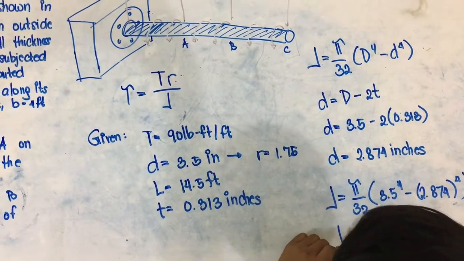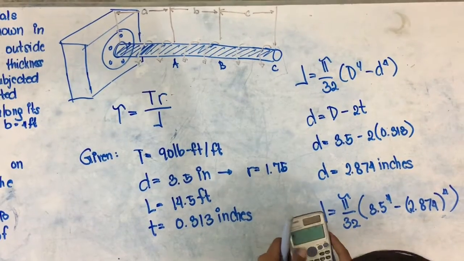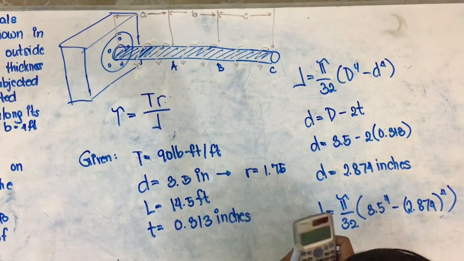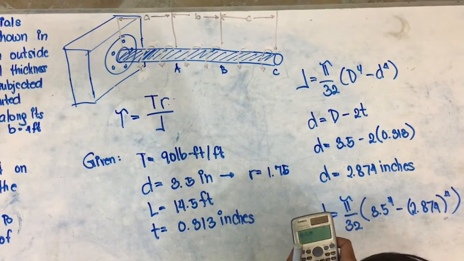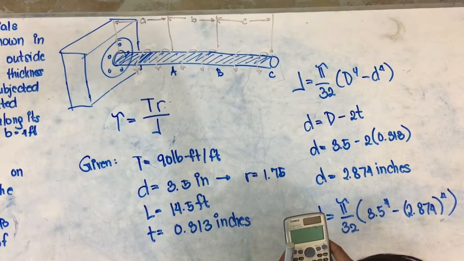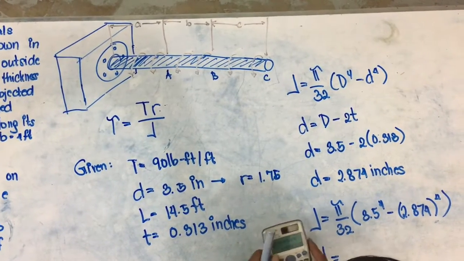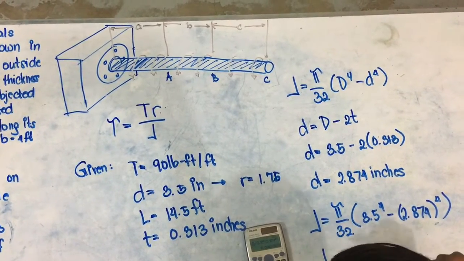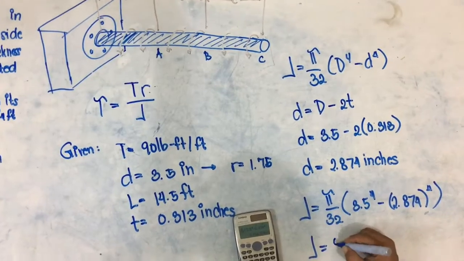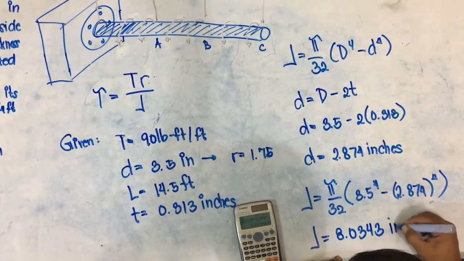So our polar moment of inertia is equal to 8.0343 inches to the fourth.